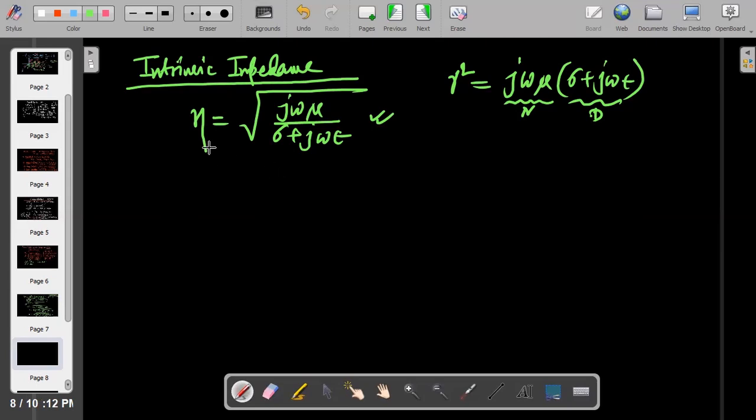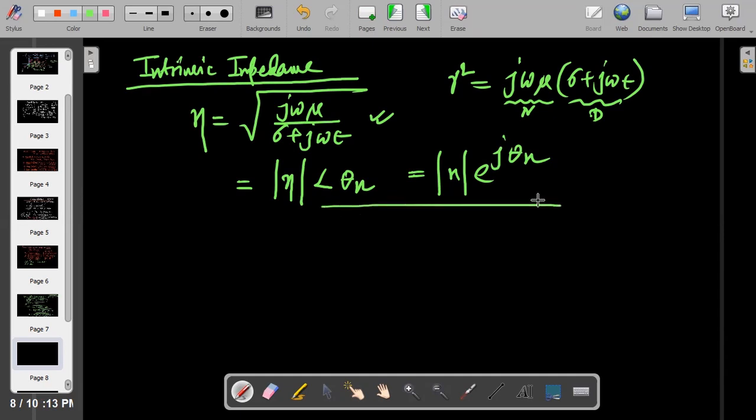Now, another thing I can say, this is a complex number, correct? So some magnitude will be there, followed by your angle theta n. Or we can write it in polar form, mod of eta e to the power j theta n.